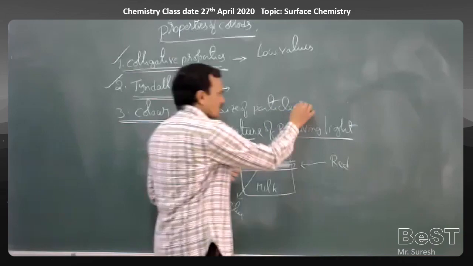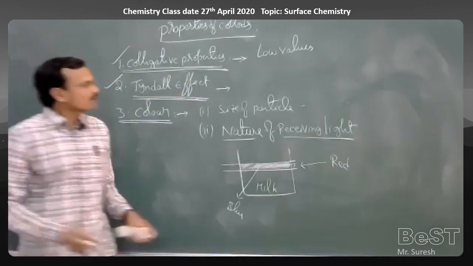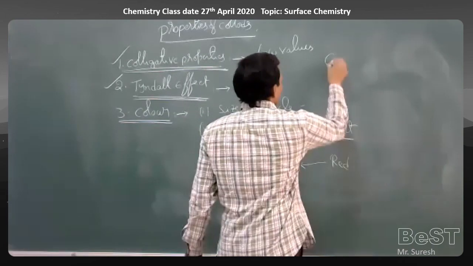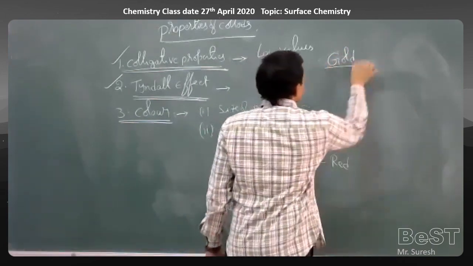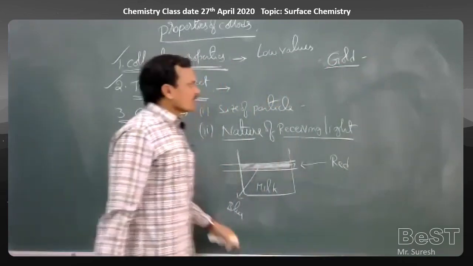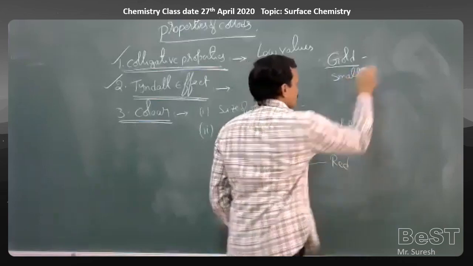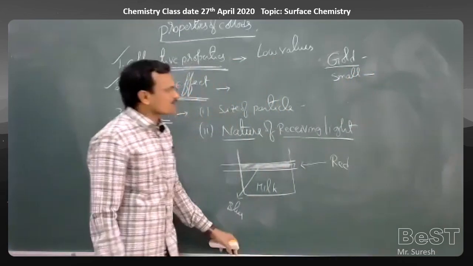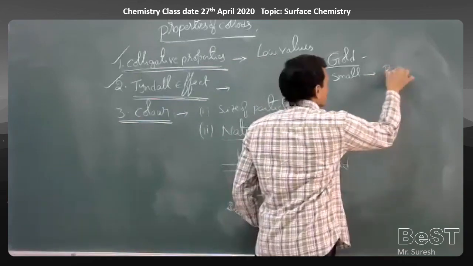Now, how can the size of the particle affect the color of the colloid? Now take here a gold colloidal solution. If smaller gold particles are present in the colloidal solution, then the solution appears in a red color.